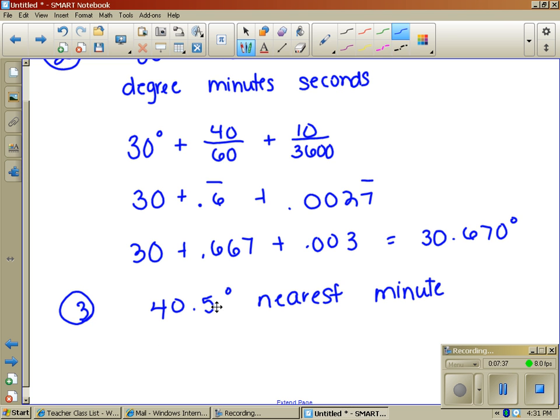So ignore the 40 for a minute. 0.5. 0.5 is 5/10. We need it in terms of 60 because there's 60 minutes in a degree. Cross multiply. 6 times 5 is 30, so 300 equals 10x. Divide by 10. And you get 30.